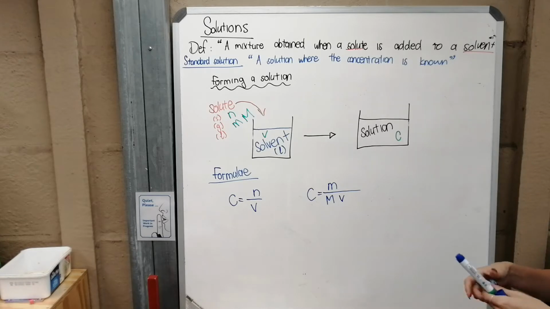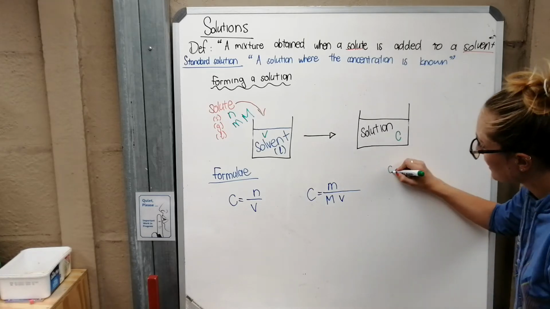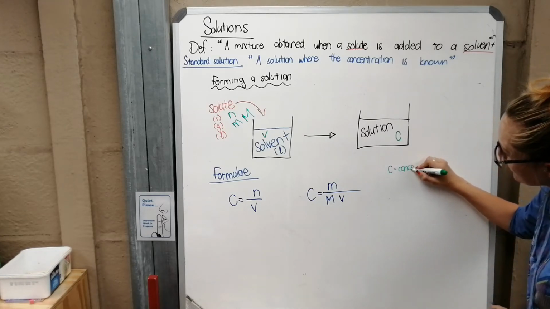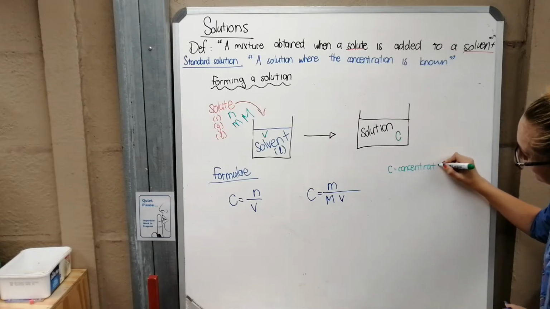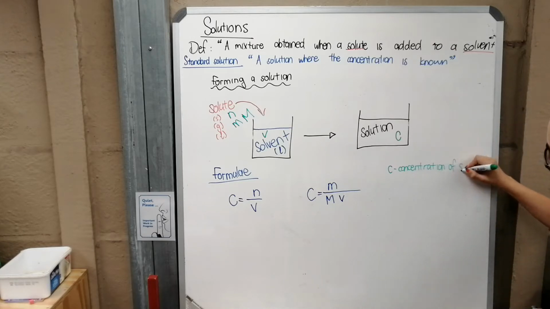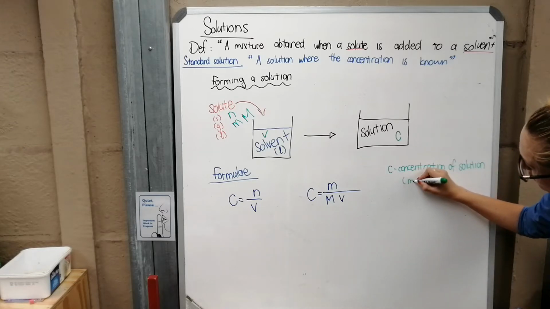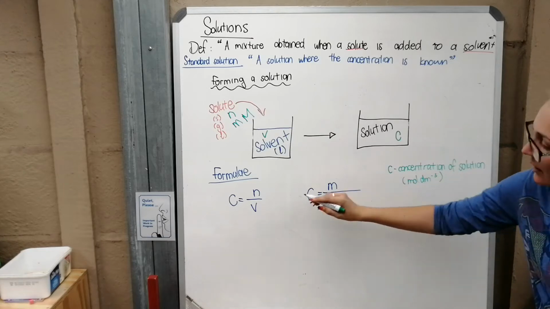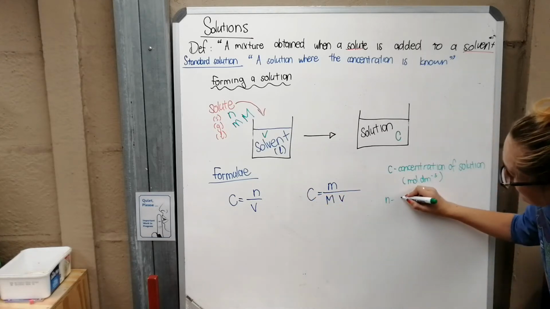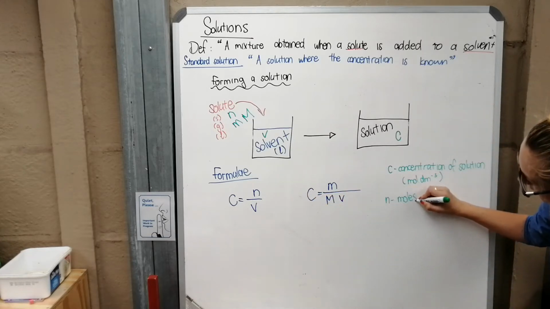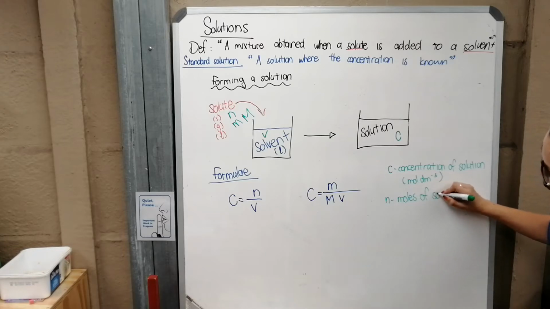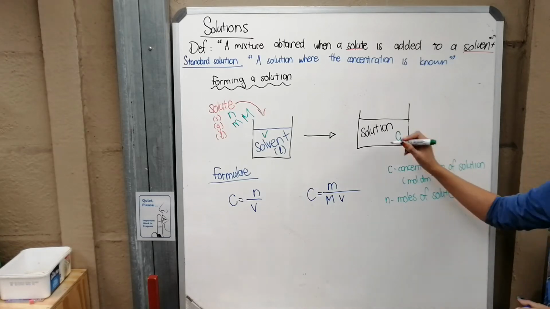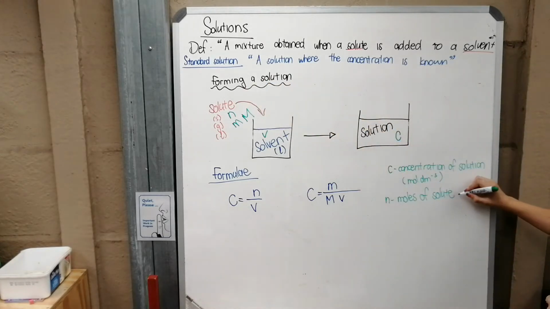Okay, so I will write down what all of these are quickly. So C is the concentration of the solution, and our units are moles per dm cubed. n is the number of moles of specifically our solute, the thing you add to the solvent, and that's obviously measured in moles.